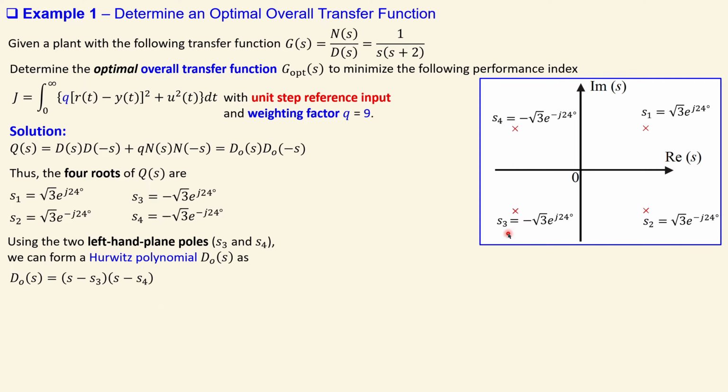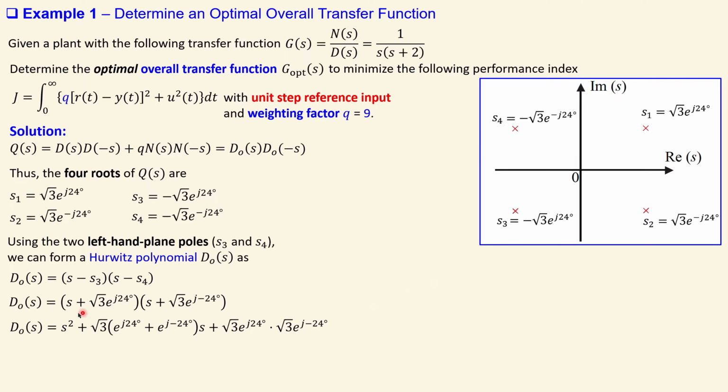Now let's see what we have as S3 and S4. We have this. Now if you work it out, the parentheses S squared, S times this times S, and this part times that part. It's actually all worked out here. Now you will collect this. So you will get S squared plus this term times S, and this will be just square root of 3 times square root of 3, which is just 3, and you will see e to the power j 24 degrees times e to the power j minus 24 degrees, which is, of course, e to the power 0, which is just 1.